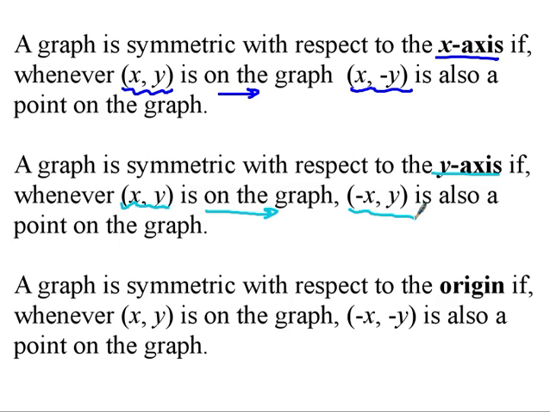And then let's look at that last one. What's the last one going to be? Origin, okay, (x, y), arrow, and then (-x, -y). Now, once you get that down, we're going to go ahead and dissect exactly what that means.